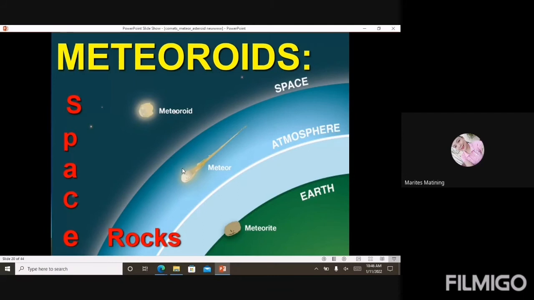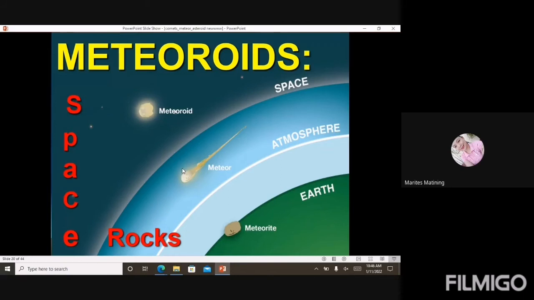So when we say meteoroid, ito yung mga rocks na nasa outer space pa lang. Okay? Kapag meteor, once that meteoroid enters the Earth's atmosphere, pabagsak na siya sa atin, nasa Earth's atmosphere pa lang siya. Okay, meteor ang tawag natin sa kanila.